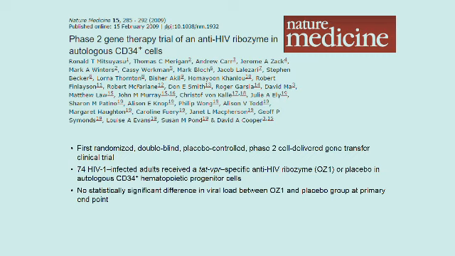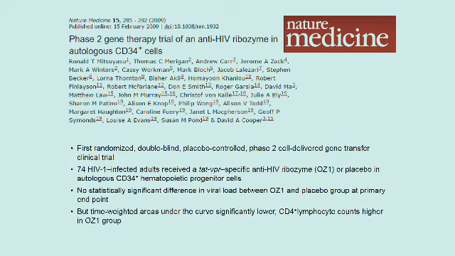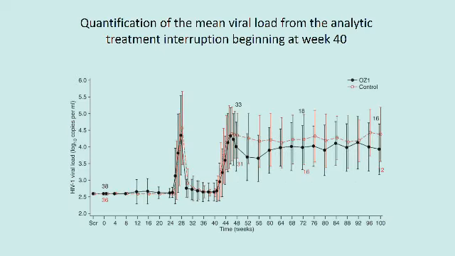So while there was no statistically significant difference in viral load between OZ1 and the placebo group, there were time-weighted areas under the curve that were significantly lower in viral load and higher in CD4 counts. And if you look at this figure, it's so tantalizing but a little frustrating because if that group had gotten, say, a little bit higher dose, it would have reached that half-log profile.